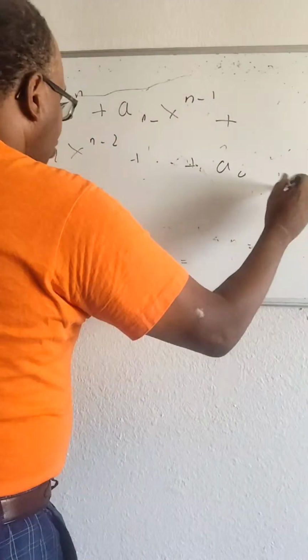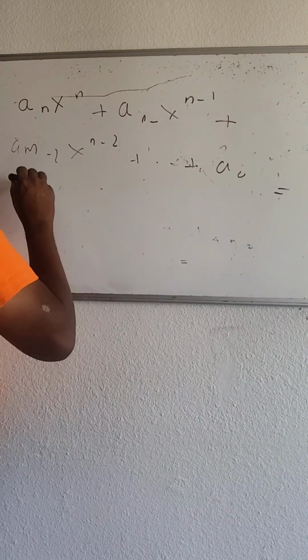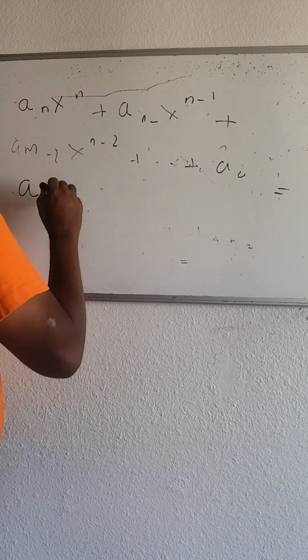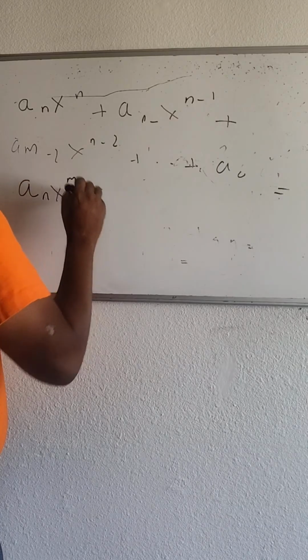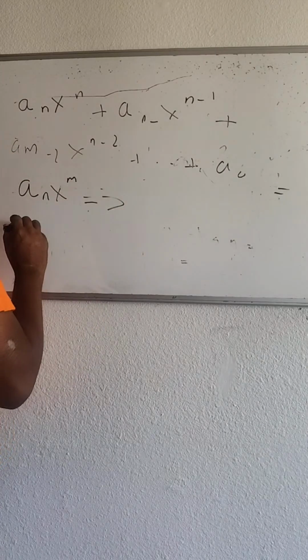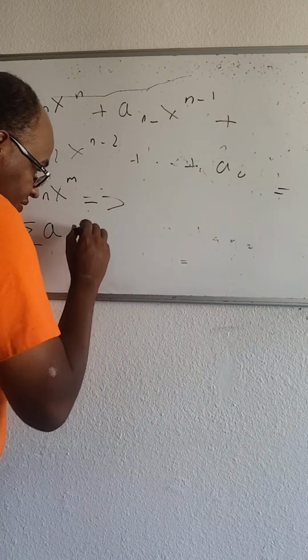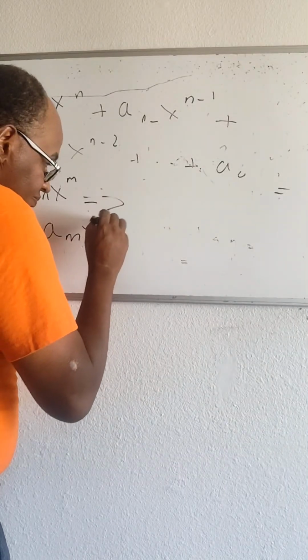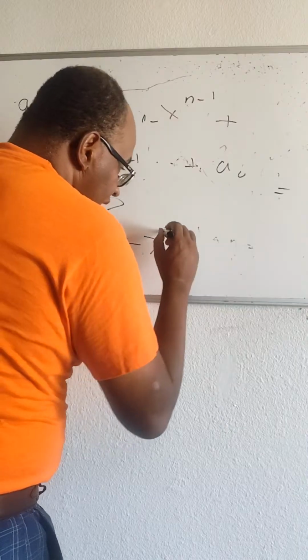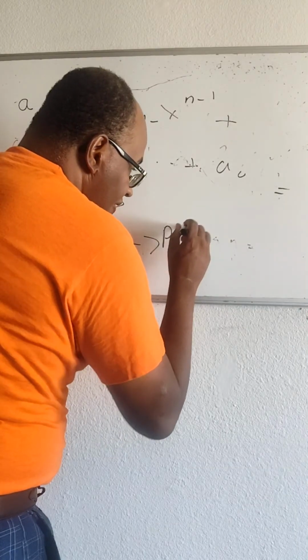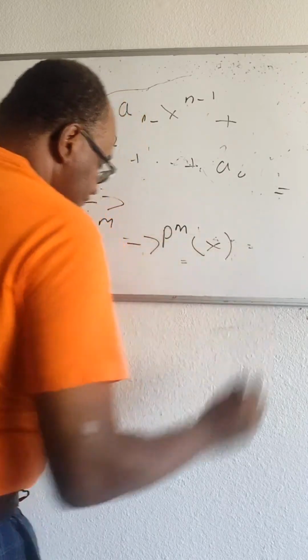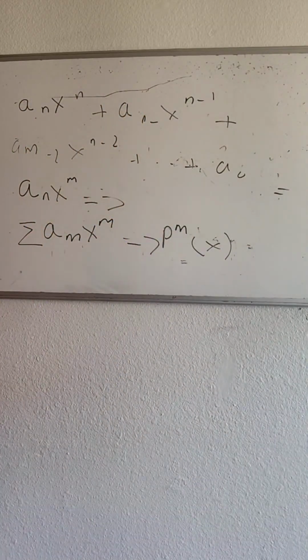And then we'll set the whole thing equal to a_m x^m, which implies a polynomial of any degree m with respect to x. This is our first theorem, guys, by expansion and the definition of a polynomial. So this is our first theorem.